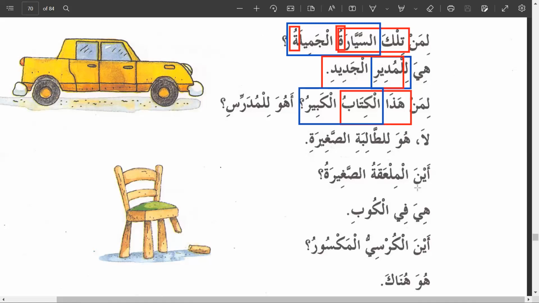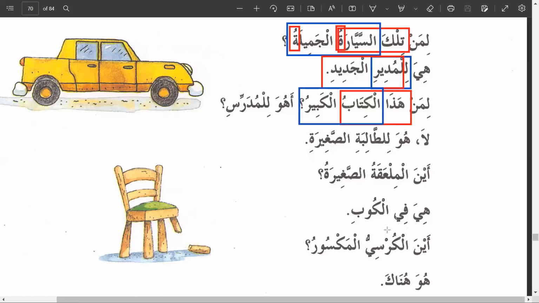Okay. Aina al mil'aqatu saghiratu. Where is the small spoon? Hiya fil kubi.